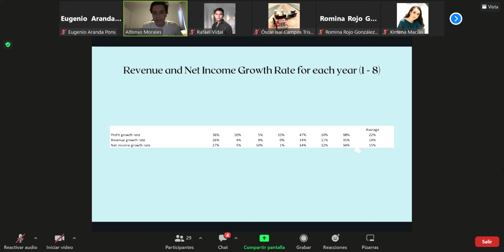We did well during our fishing, and we can see our net income growth rate almost duplicated during year 8.